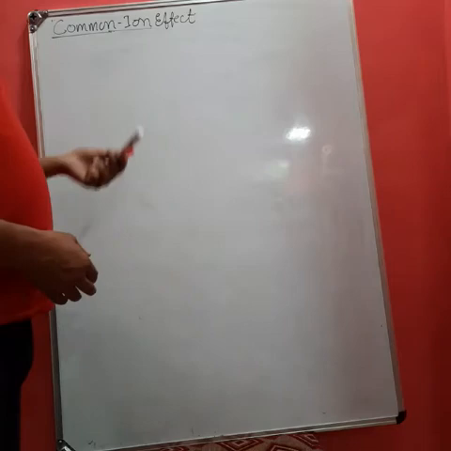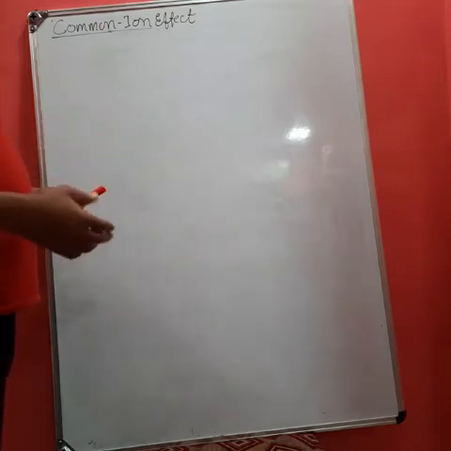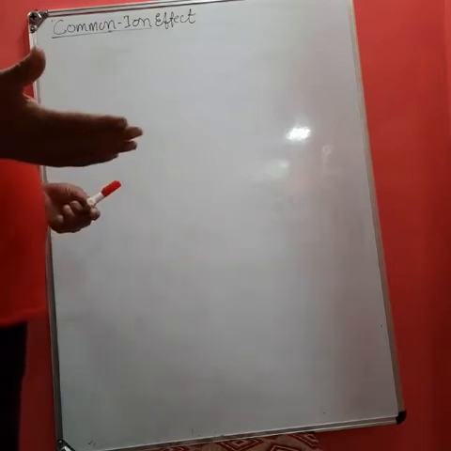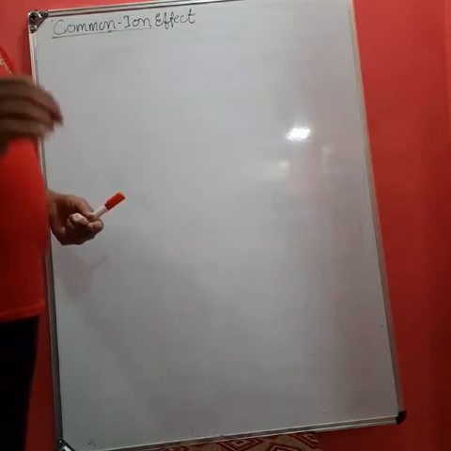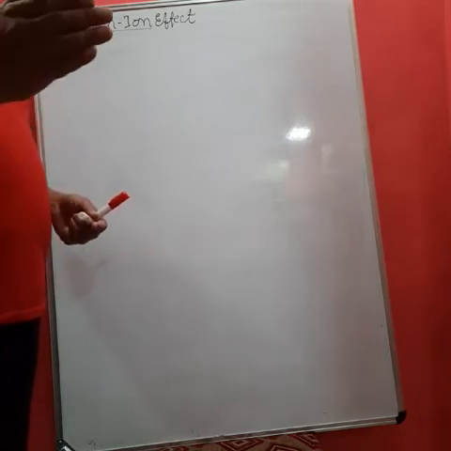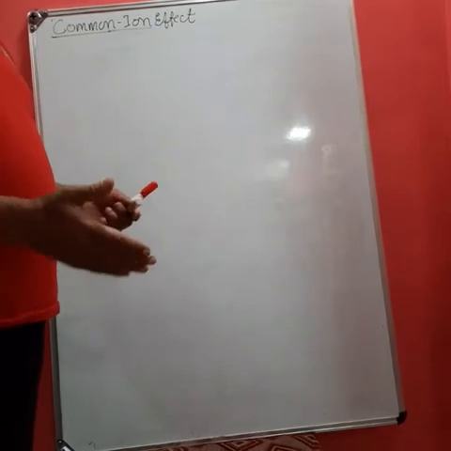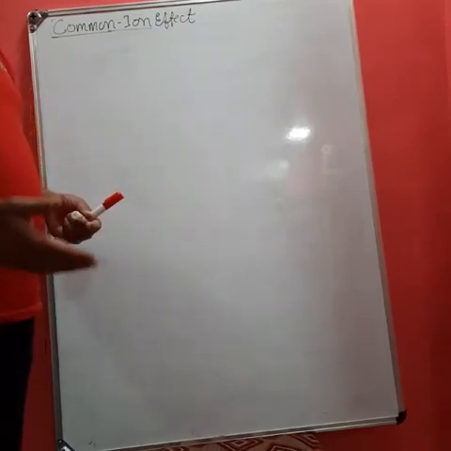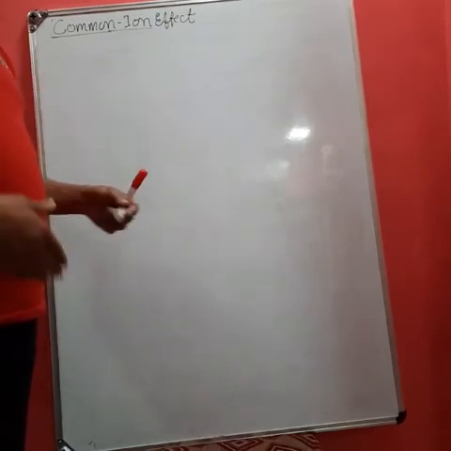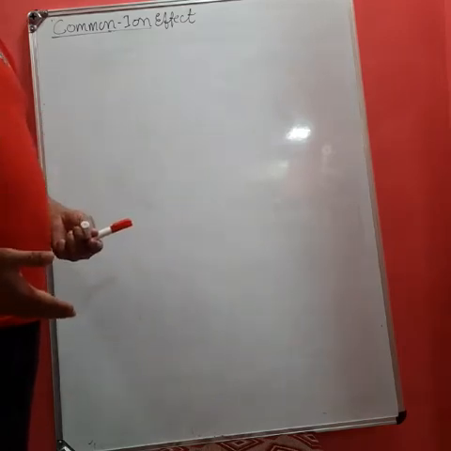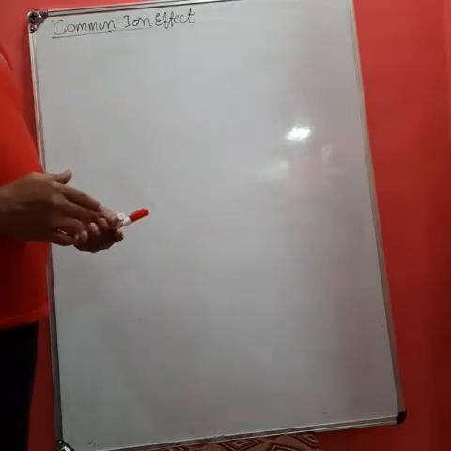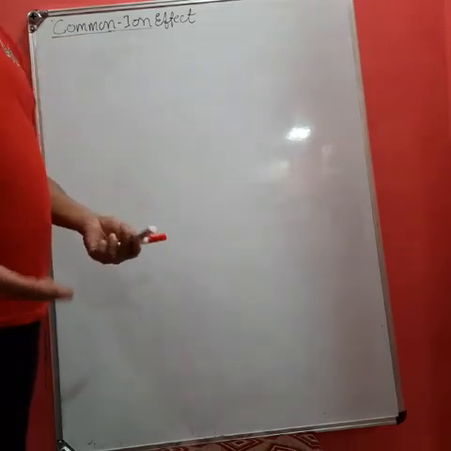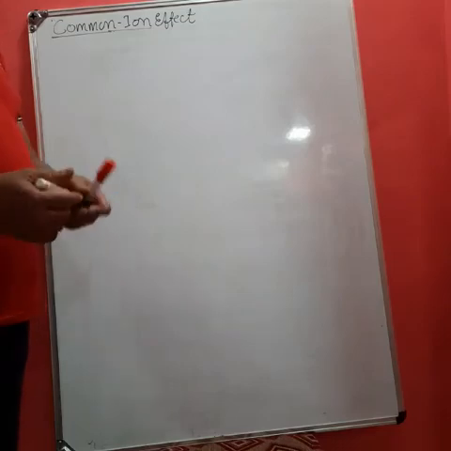Here we are using the term and the concept of common ion effect. Although the weak acid or weak base ionizes very weakly, we need even a very small quantity of their ions. So how do we prevent further ionization of a weak acid, weak base, or simply a weak electrolyte? Getting?